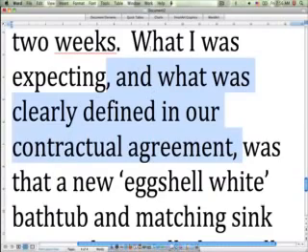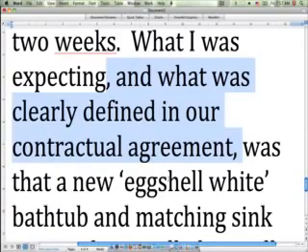So if you read, what I was expecting was that a new eggshell white bathtub, this sentence is fine without this middle part. This middle part is like an extra little side idea that we're also sharing or reminding the reader of. And what was clearly defined in our contractual agreement.